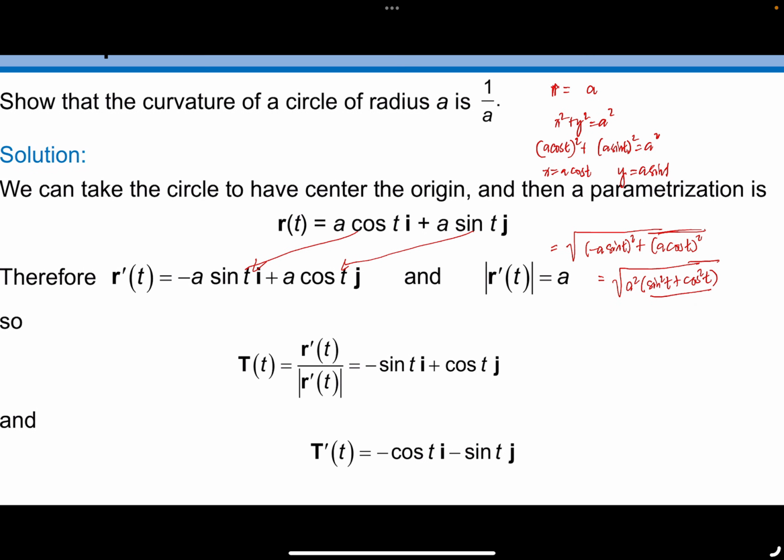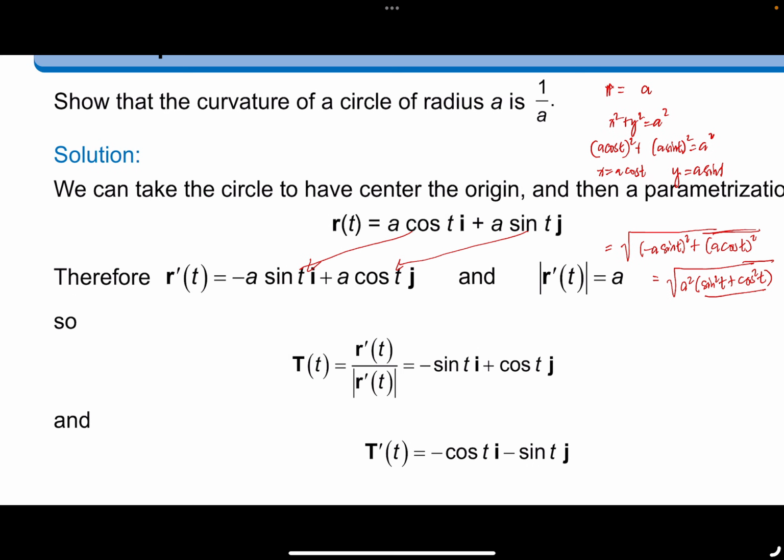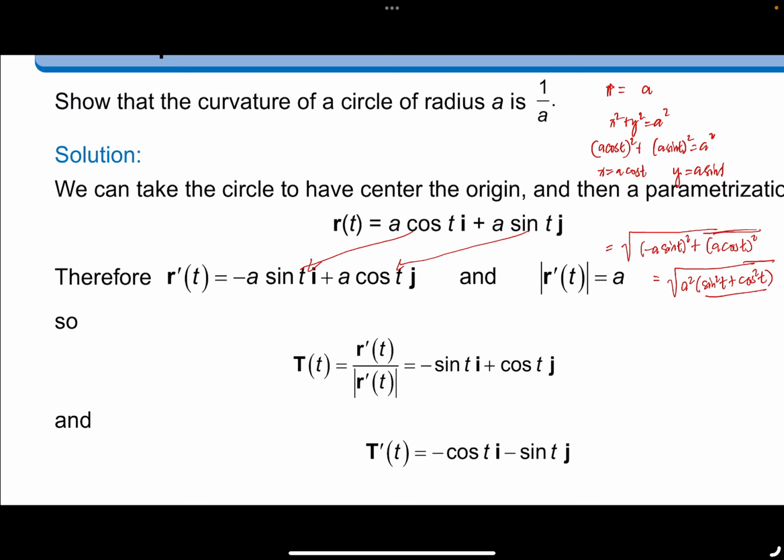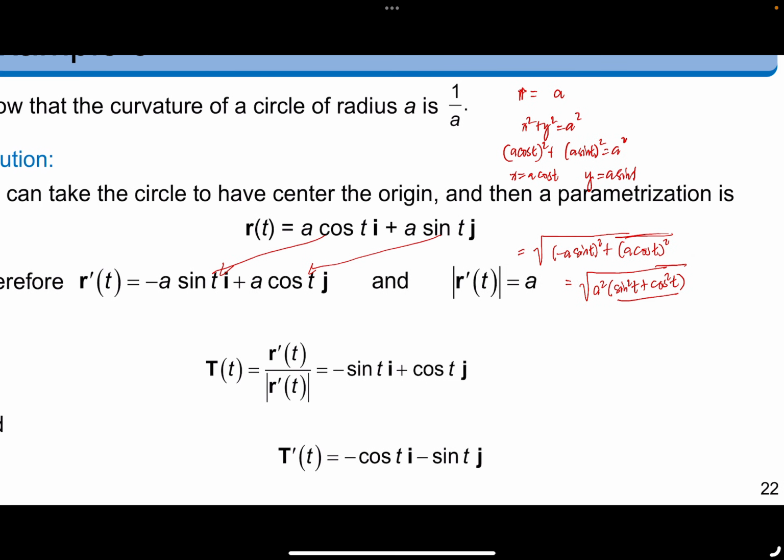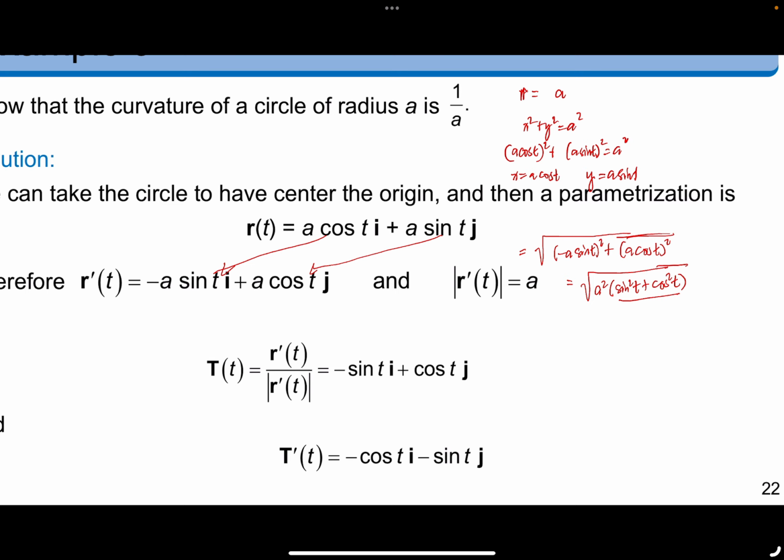And so T of t, the unit tangent, would be r prime of t, negative a sine t i plus a cosine t j, divided by a. So we remove a. The result would be negative sine t i plus cosine t j.